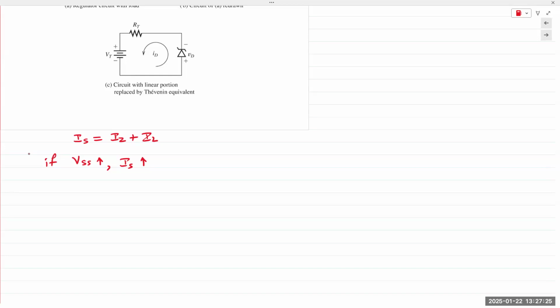So if VSS increases, IS increases, and a Zener acts as a current sink. So the Zener will sink the extra or the increased current.